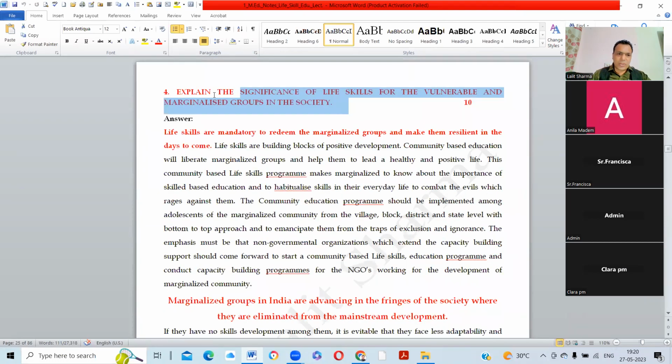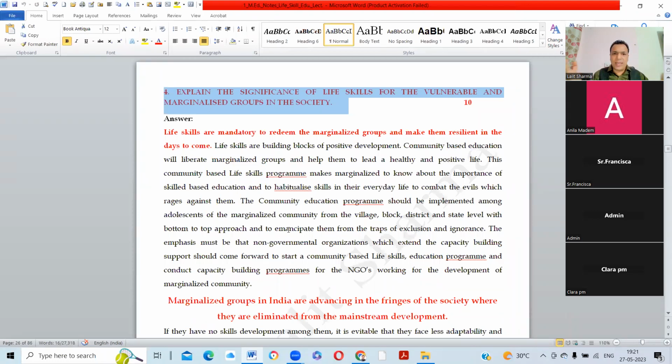Okay, the next question is, explain the significance of life skills for the vulnerable and marginalized groups in the society. You saw it was in the syllabus, the fourth part in Section A. So it has been covered through a question. We have to talk about the significance of life skills for the vulnerable and marginalized groups in the society.